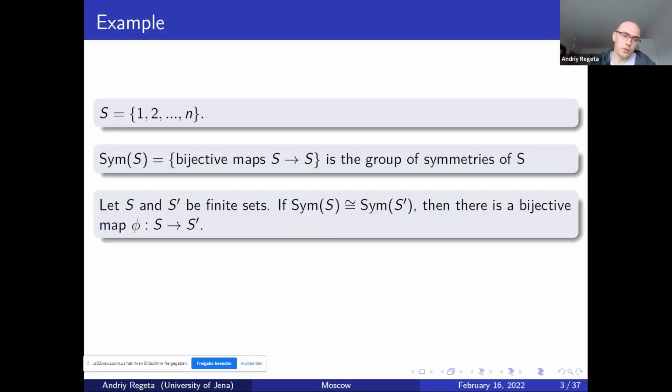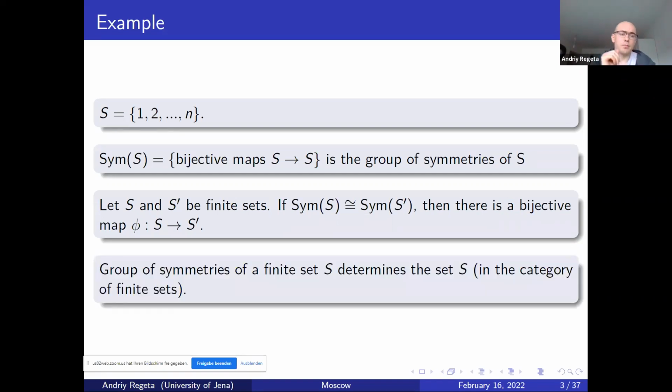It is very well known that if we have two finite sets, S and S prime, and if the groups of symmetries are isomorphic, then there is a bijective map from one set to another. So basically it says that the group of symmetries of a finite set determines the set S in the category of finite sets.